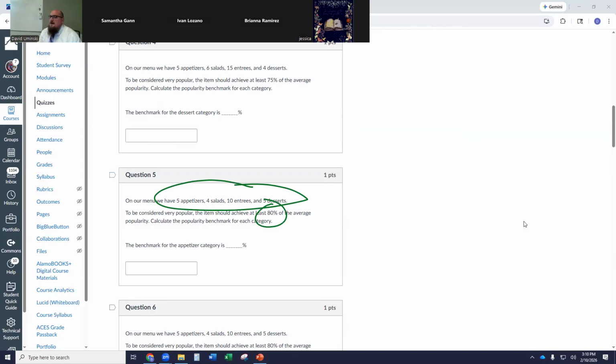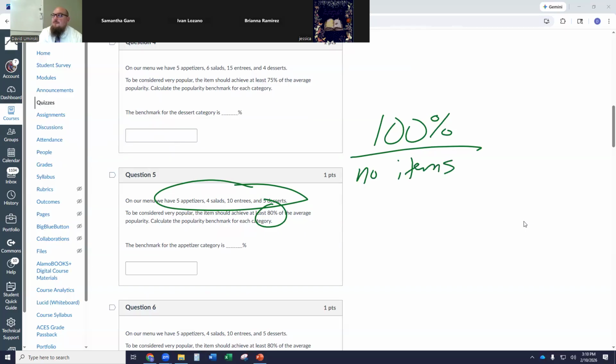So remember, popularity benchmark is 100% divided by the number of items. That's going to give you your average popularity. Then we are going to multiply by the percentage given.